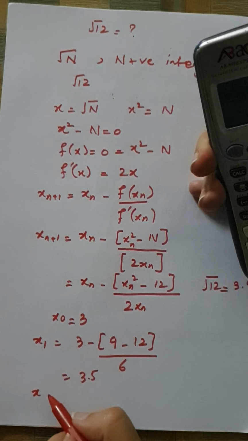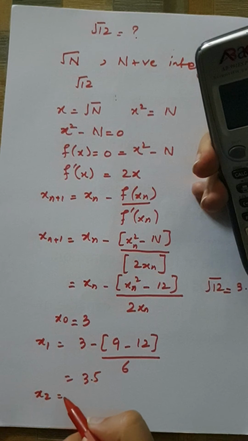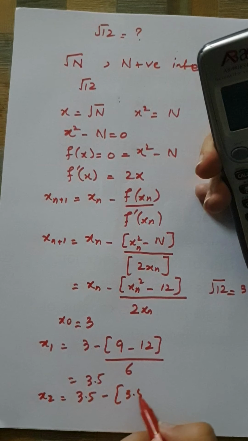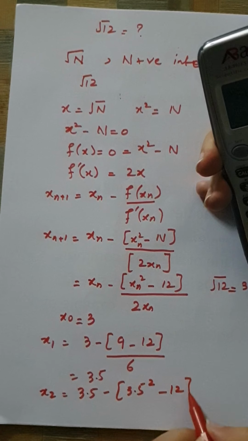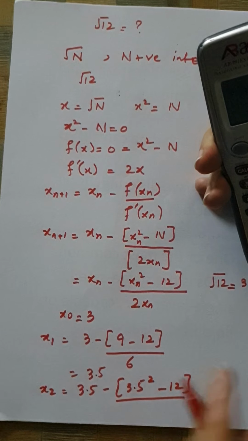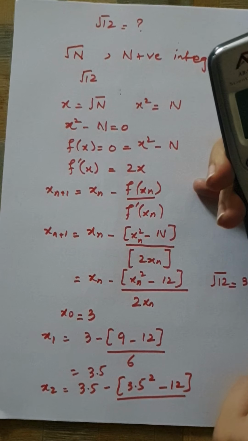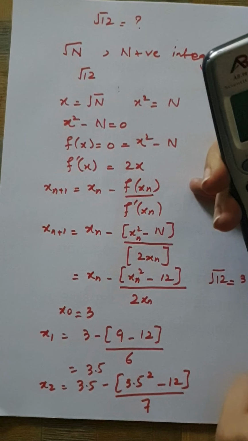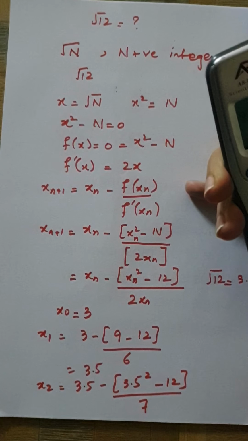Similarly, x2 will be equal to 3.5 minus 3.5 whole square minus 12 divided by 3.5 multiplied by 2, which is 7 actually. So let's simplify this expression.